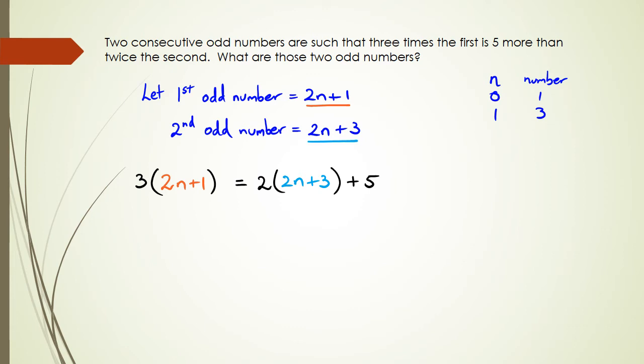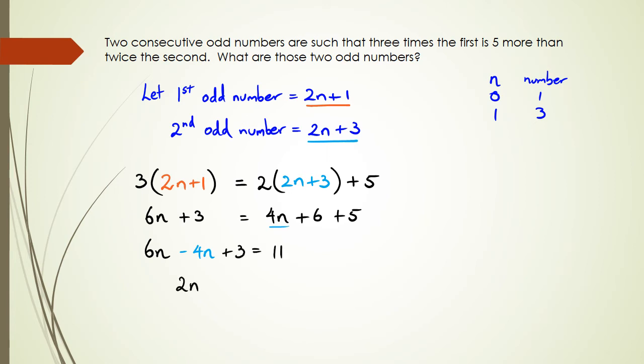So once we get this part, it's fairly straightforward after that, because you just expand and rearrange. We've got 3 times 2n, which is 6n. 3 times 1 is 3. Equals 2 times 2n is 4n, 2 times 3 is 6, plus 5. Now we have 6n. I'm going to shift the 4n to the left hand side, so it becomes minus 4n, plus 3 equals 11.